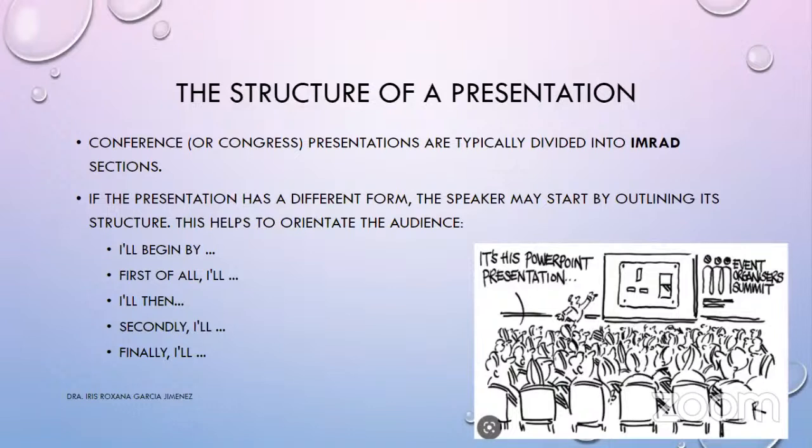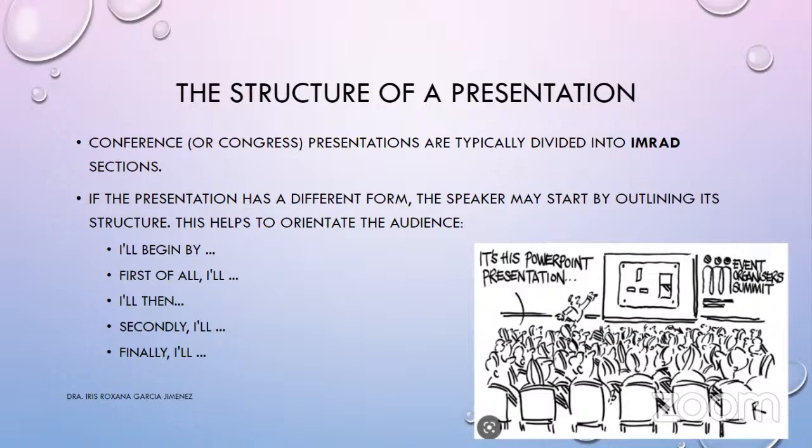If the presentation has a different form or structure, the presenter has to outline this structure and show why it's going to be different from the IMRAD. This helps to orient the audience and, of course, to understand what they are talking about.